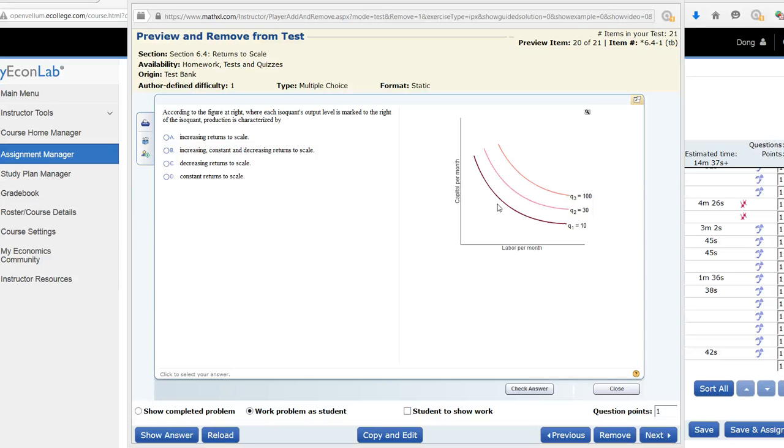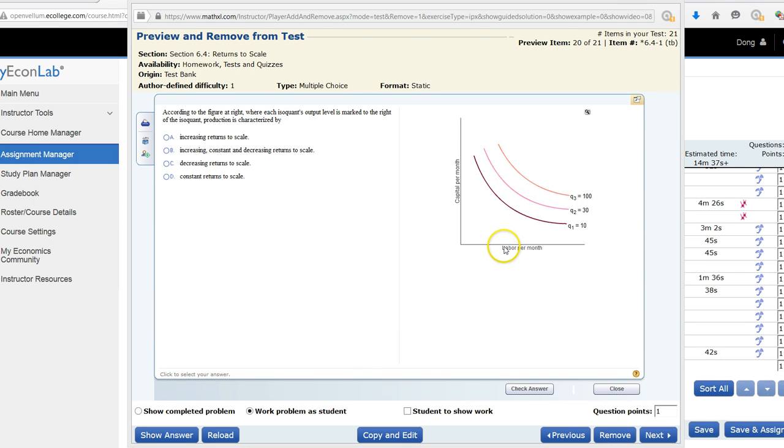If the output also doubles, that's constant return to scale. If the output is less than doubled, that's decrease in return to scale. And if the output is more than doubled, that means increase in return to scale.